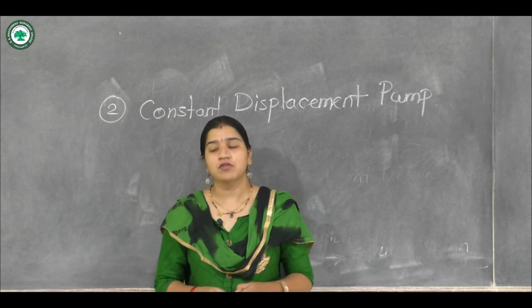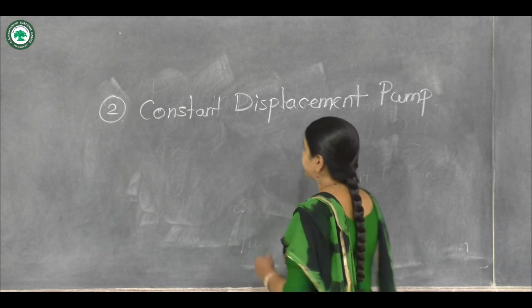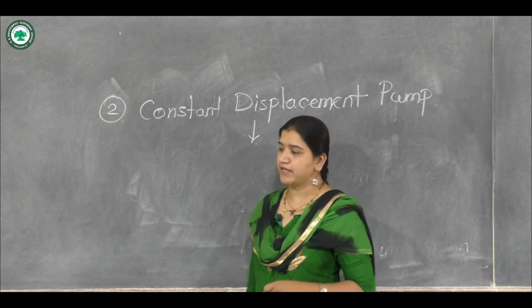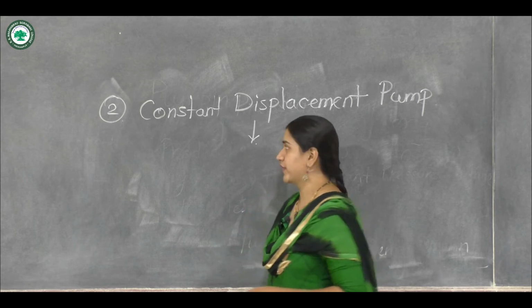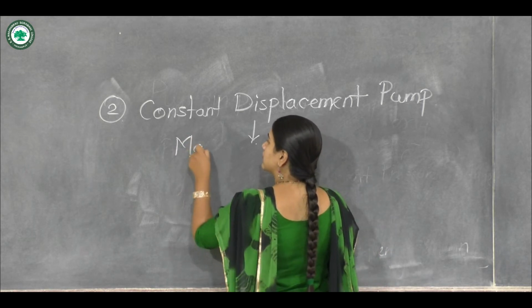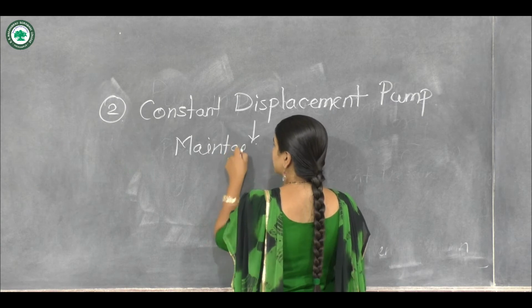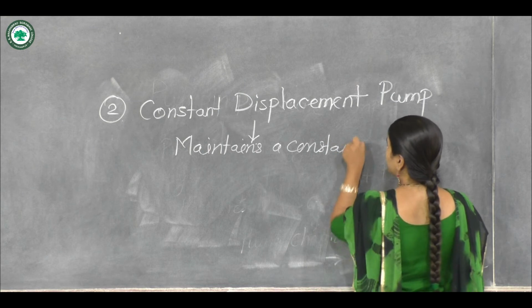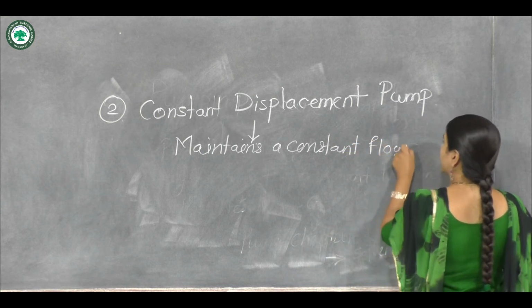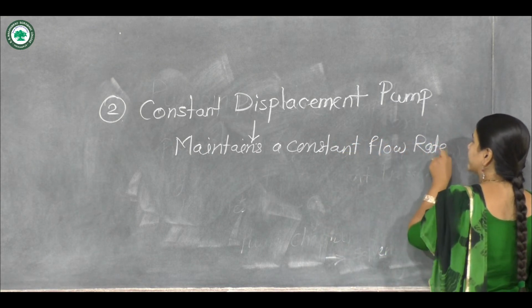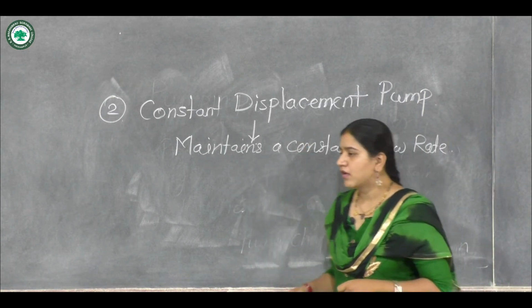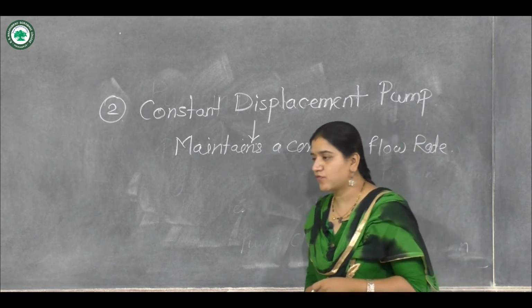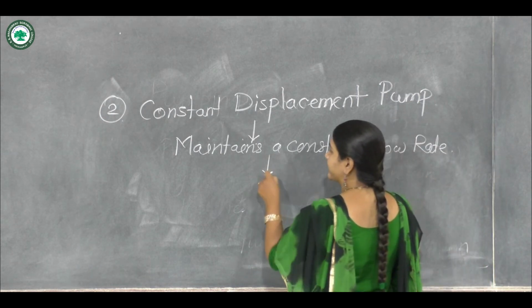The constant displacement pump maintains a constant flow rate through a column.